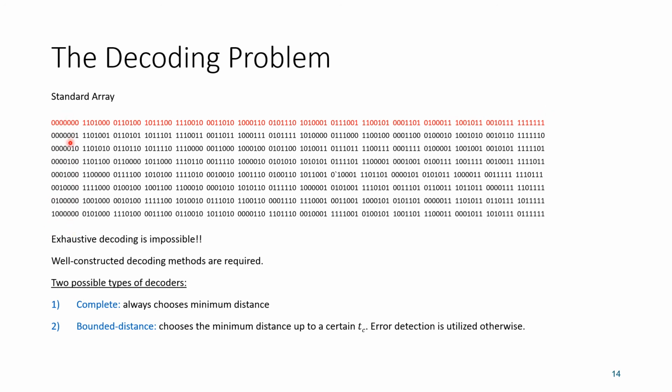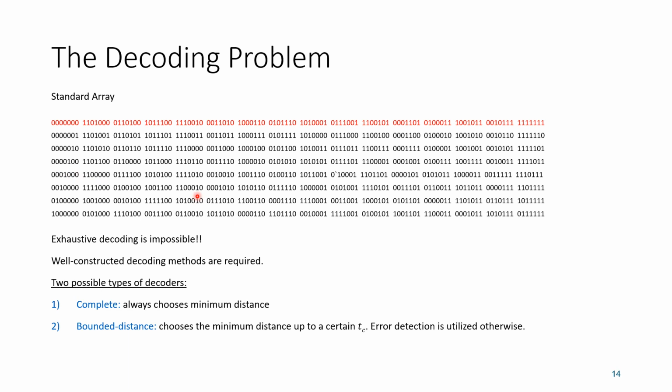So if you receive any of these, you are going to decode by the standard array, by the head here. For example, if you get any of these, then it means this is the valid code word. We could do this for simple codes, but we need a constructive decoding way. We need a nice way that does not require large memory and searching in the memory.